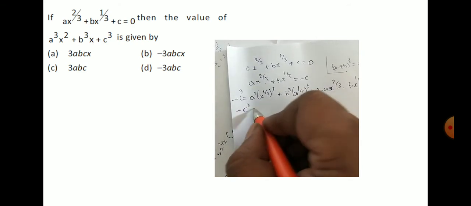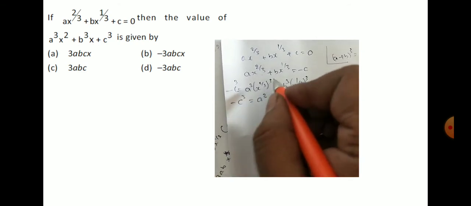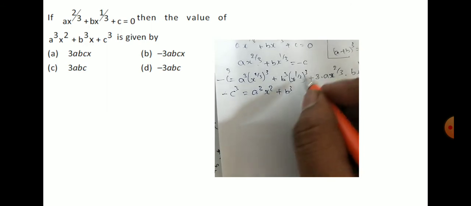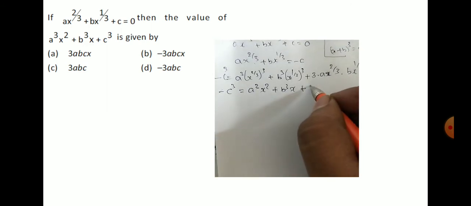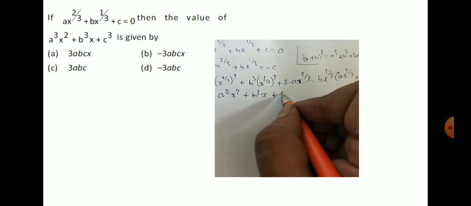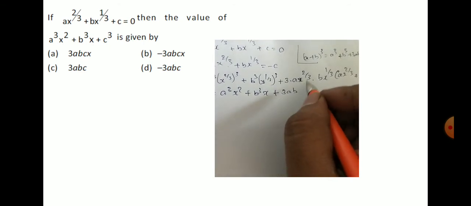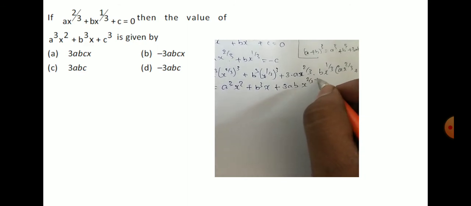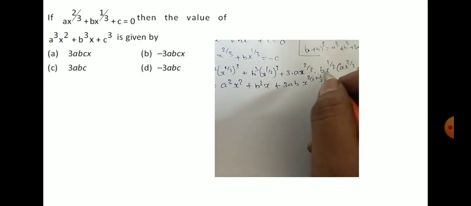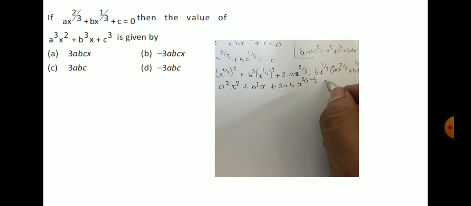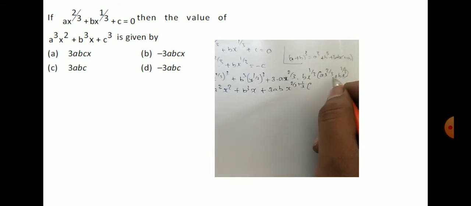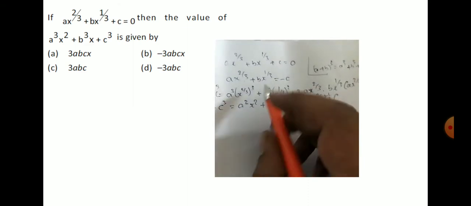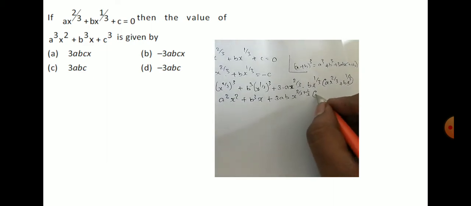So minus c cube will be equal to a cube x square plus b cube x plus 3ab into x^(2/3) into x^(1/3), that is x to the power of 2/3 plus 1/3, because a^m into a^n is a^(m+n), into ax^(2/3) plus b, which is the same thing as minus c.